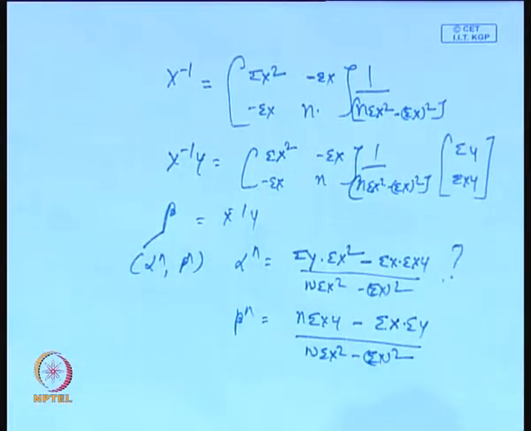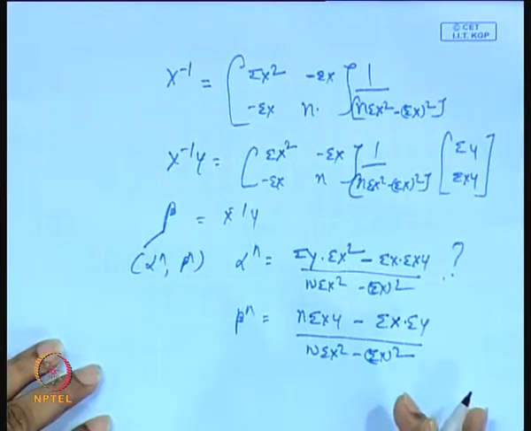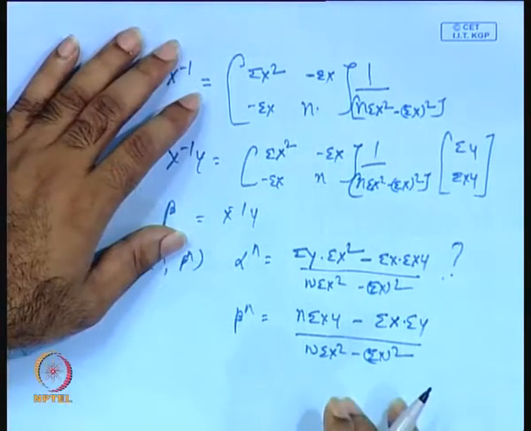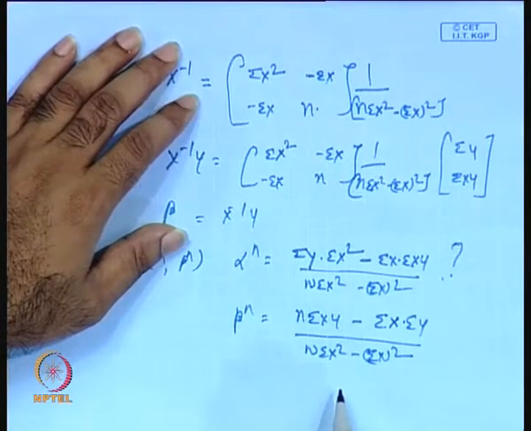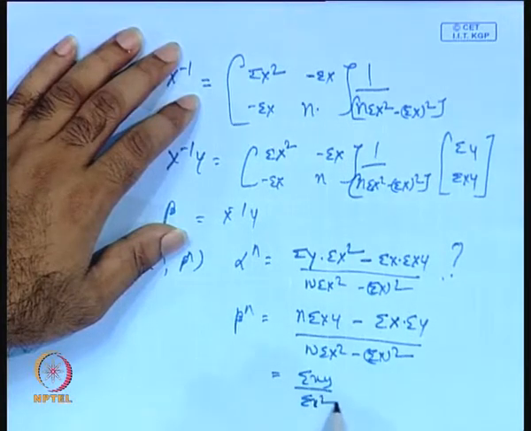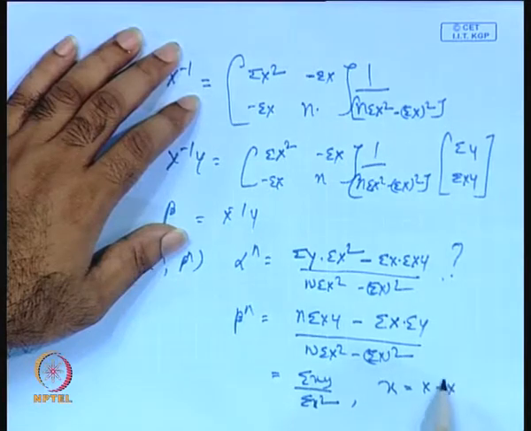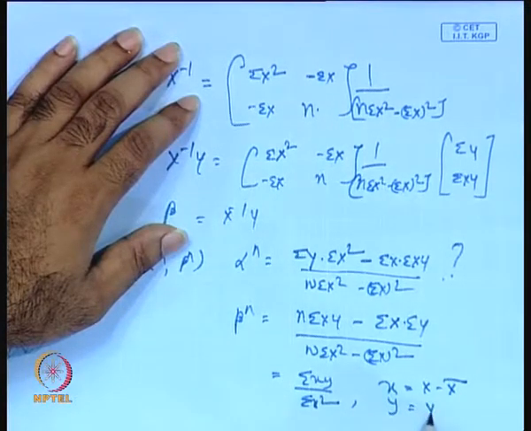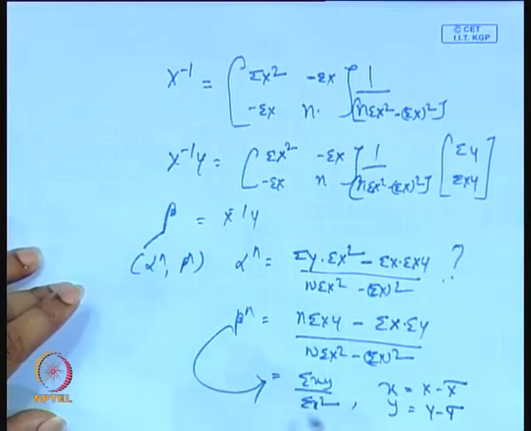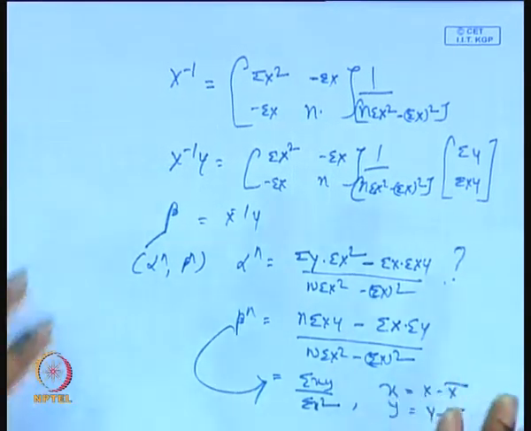This is the beta hat component. If we simplify further, this can be represented as summation xy by summation x squared, where x equals x minus x bar and y equals y minus y bar. I will explain how it is transformed into this format. There is a trick to solve these problems.